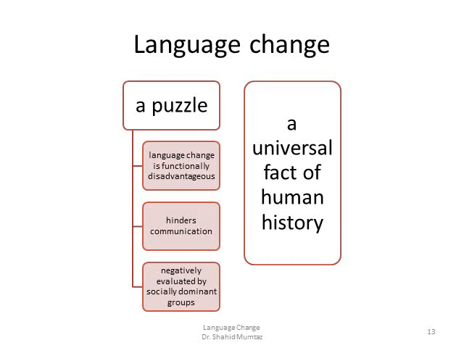Here is a puzzle. Language change is functionally disadvantageous because it hinders communication, and it is also negatively evaluated by socially dominant groups, the elder people. But anyway, it is a universal fact of human history that cannot be denied.